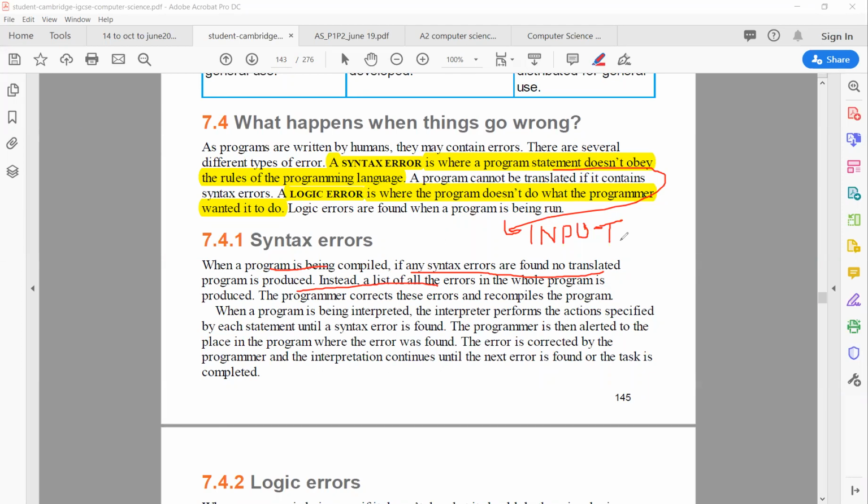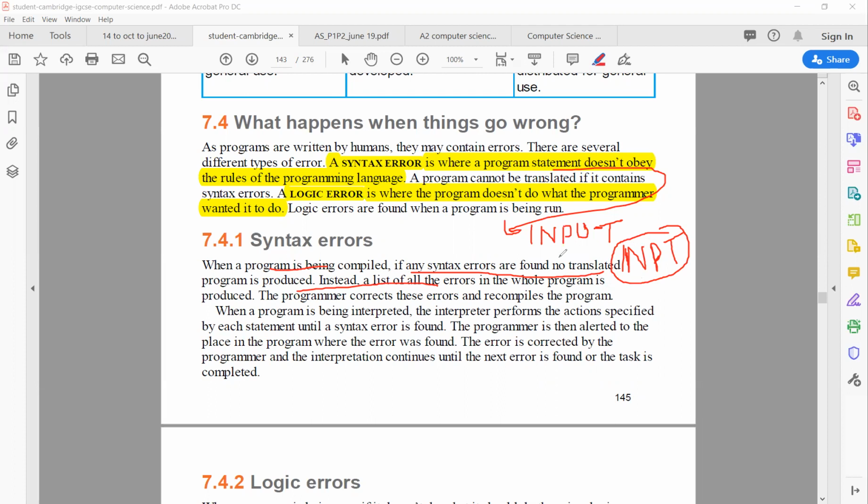But instead of writing input, you have made a spelling mistake. So this is a violation of the basic rules of a programming language. The compiler or interpreter will easily trace such types of errors.